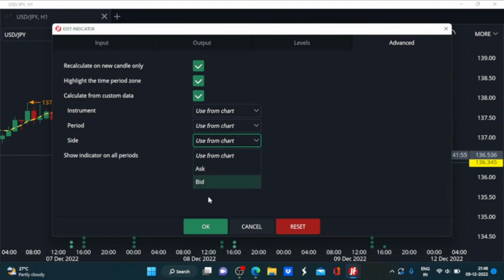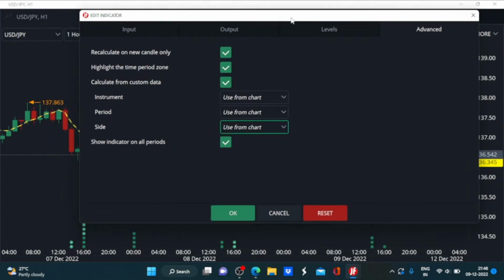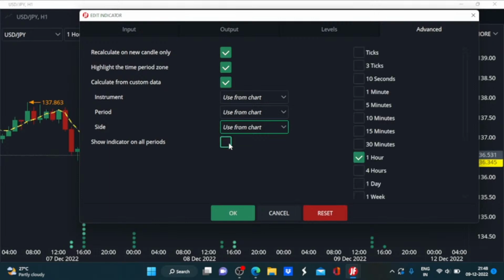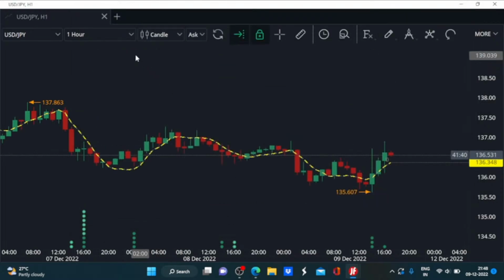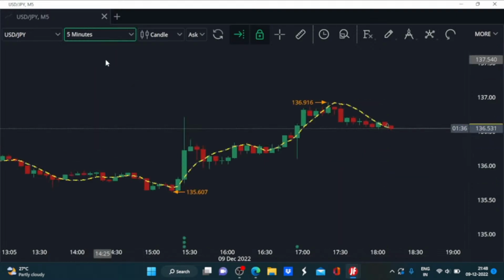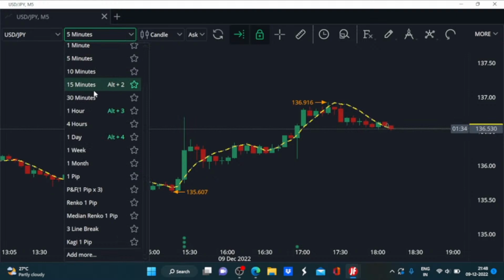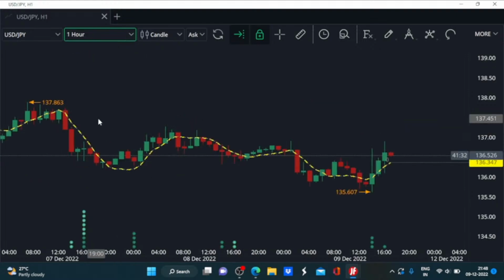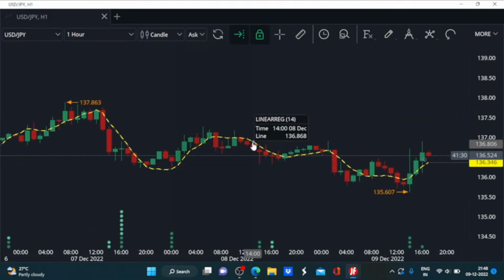Spread side can be ask or bid. So we have two options provided to us. Then indicator can be available on all the time frames, or you can specify on which time frame you want this indicator to be available, and only on that time frame this indicator will be available. Suppose if I want it on 5 minutes and hourly only, then this indicator will be available only on those two time frames.